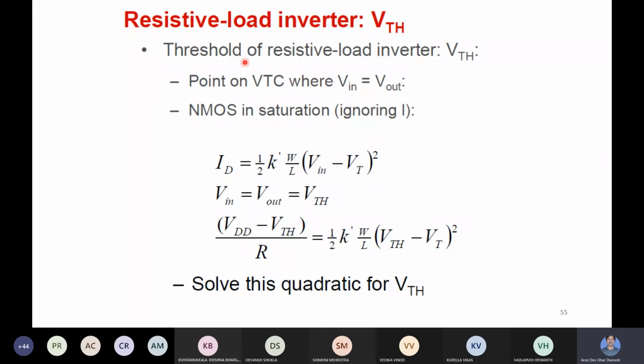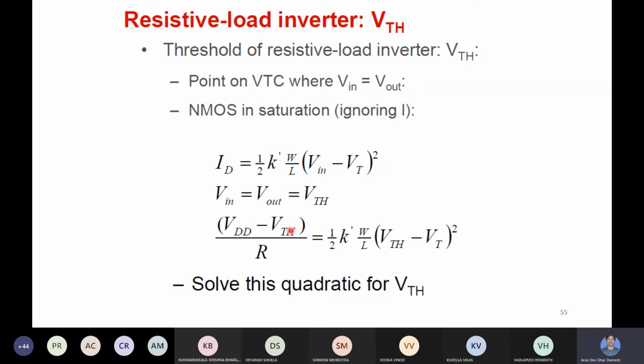Also the threshold voltage can be calculated. In that case, Vin equals Vout. At the point where Vin equals Vout, we can find the threshold voltage. In that case, the NMOS transistor is in the saturation region, so we can use the equation half K' W by L (Vin minus Vt) whole square, and equate the load current to the transistor current.